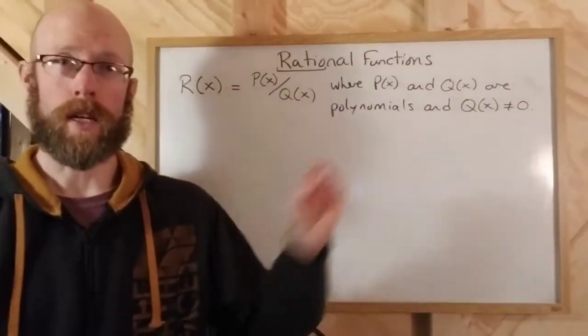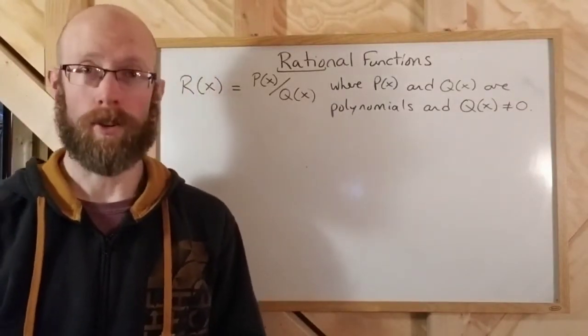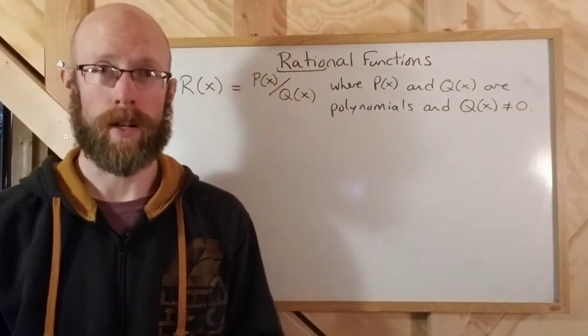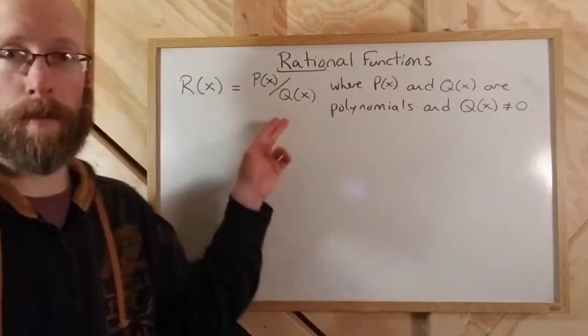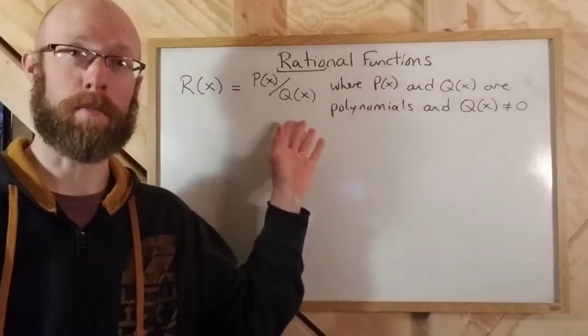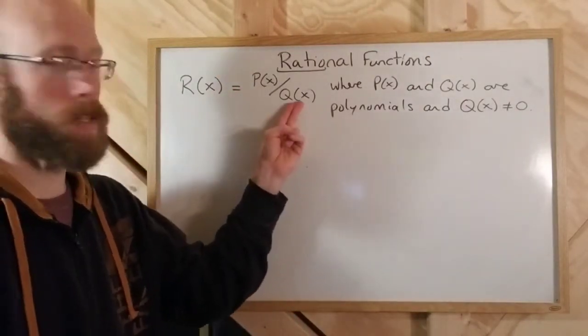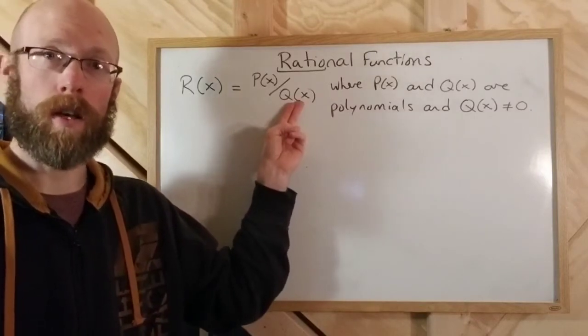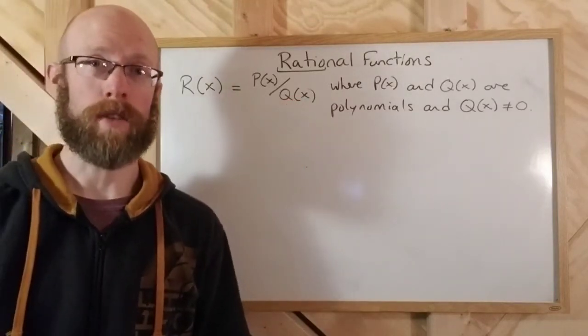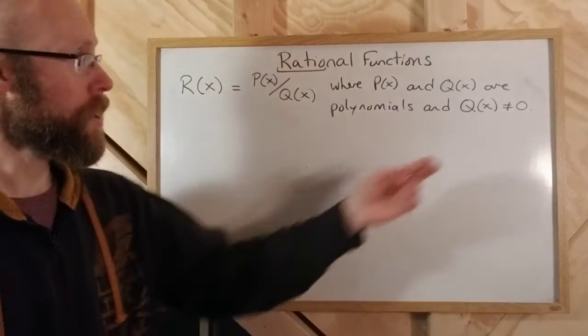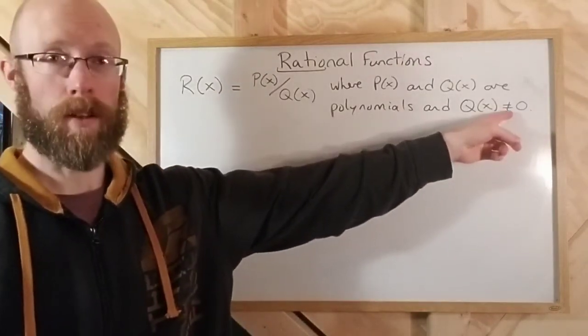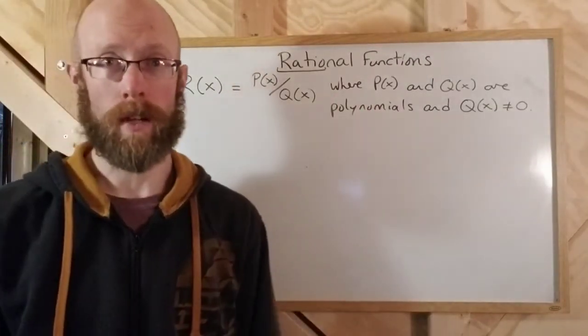And that's going to lead us to finding the domain of these rational functions, where you have a polynomial on top and a polynomial on the bottom. Any number that makes the denominator 0 is not going to be in the domain of this rational function, because if the denominator is 0, the fraction will be undefined.